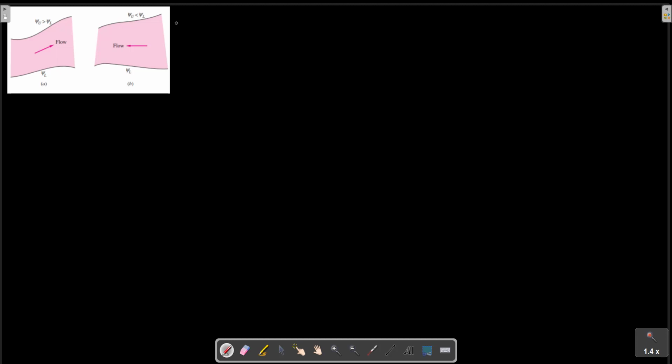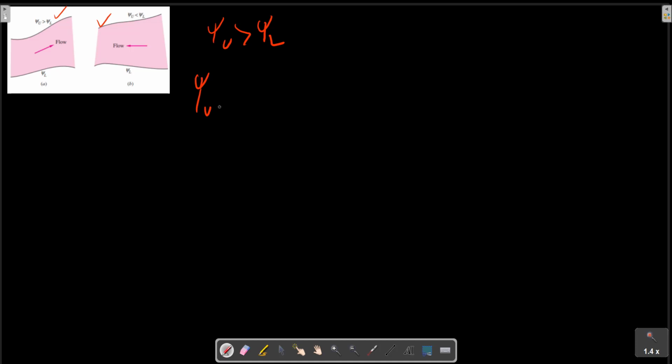The flow is to the right if psi upper is greater than psi lower, where the subscripts stand for upper and lower, otherwise the flow is to the left.